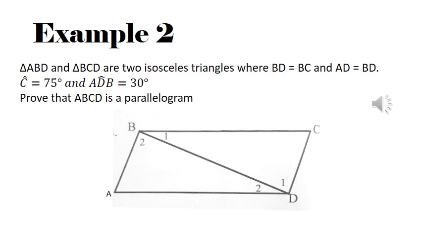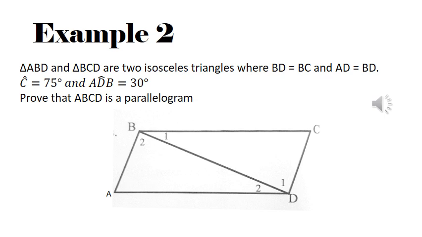They tell you that BD is equal to BC, and they tell you that AD is equal to BD. They also tell you that angle C is 75 degrees, and they tell you that angle ADB is equal to 30 degrees. And they've asked us to prove that ABCD is a parallelogram.